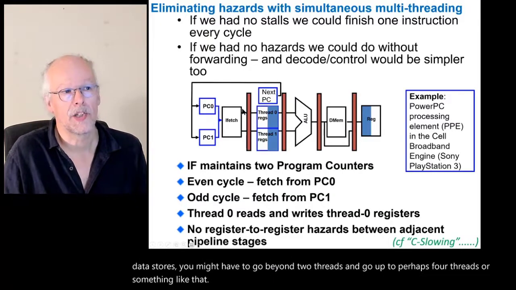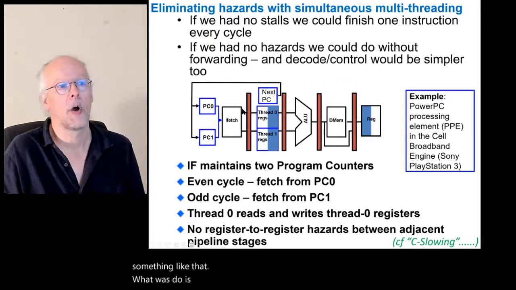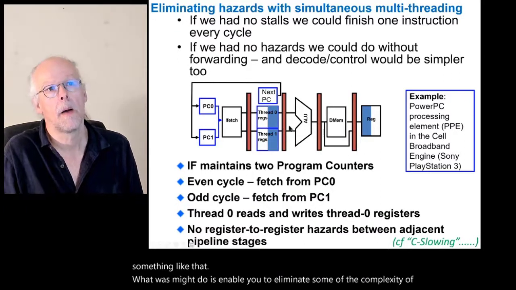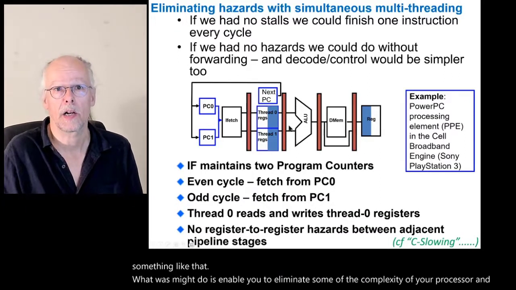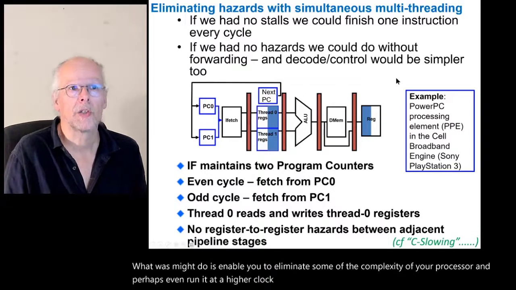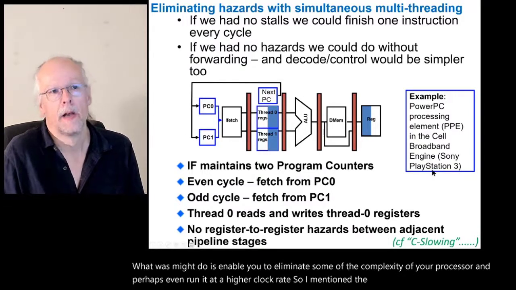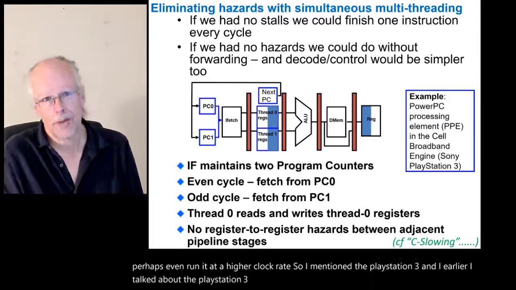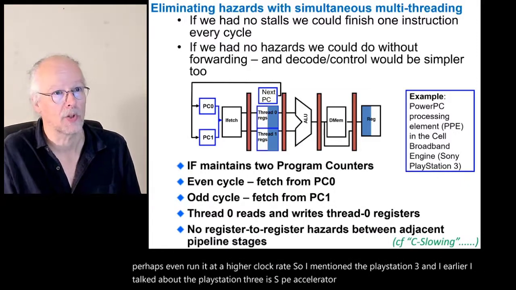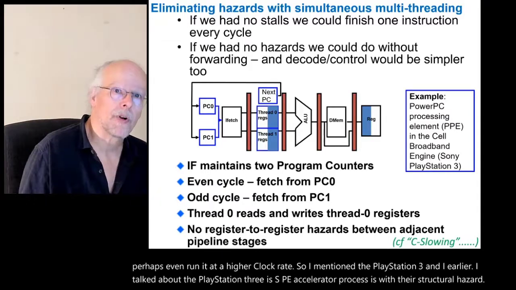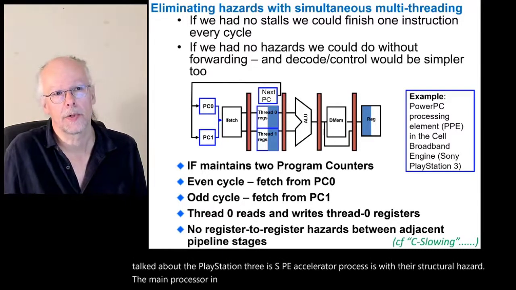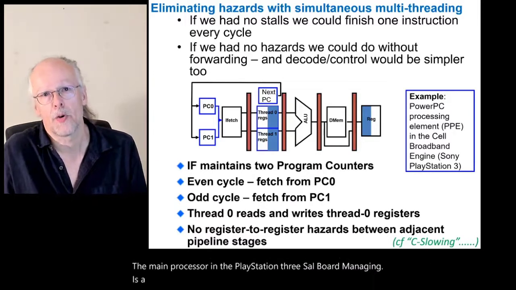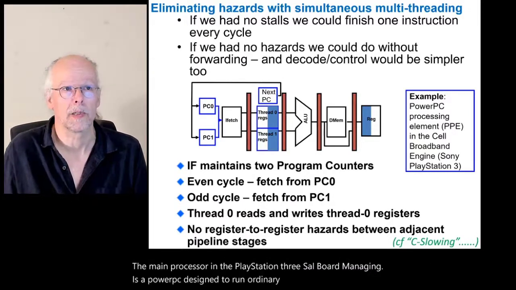What this might do is enable you to eliminate some of the complexity of your processor and perhaps even run it at a higher clock rate. So I mentioned the PlayStation 3, and earlier I talked about the PlayStation 3's SPE accelerator processors with their structural hazard. The main processor in the PlayStation 3 cell broadband engine is a PowerPC designed to run ordinary programs, including the operating system.